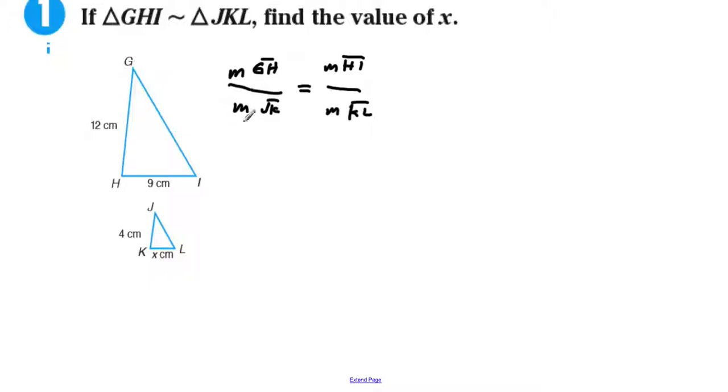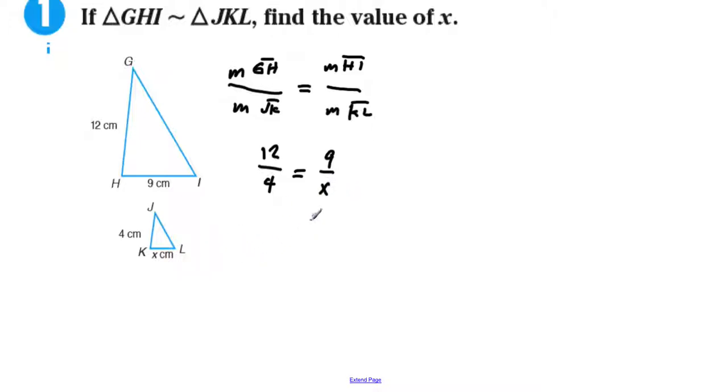So if we substitute the values, the measure of segment GH is 12, the measure of segment JK is 4, is equal to the measure of segment HI, which is 9, over what we want to find out, the measure of segment KL.